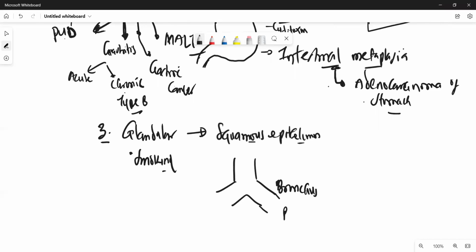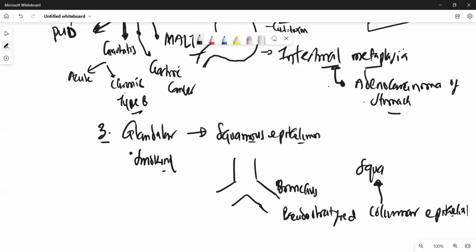So it's lined by pseudostratified columnar epithelium. If somebody is smoking, that smoking can place a lot of stress on this epithelia, and it can change it from columnar epithelia into squamous.